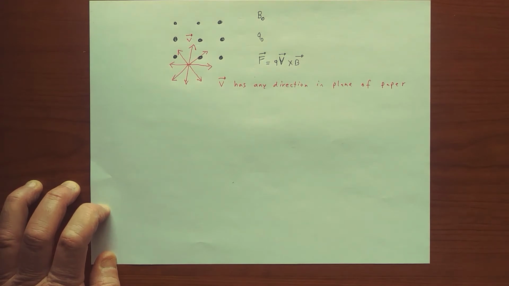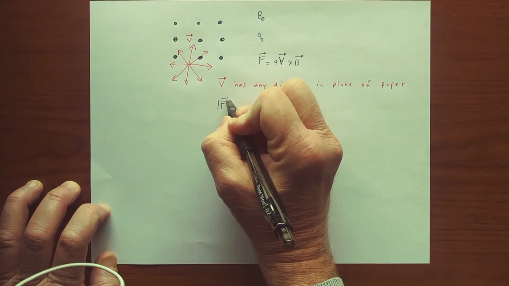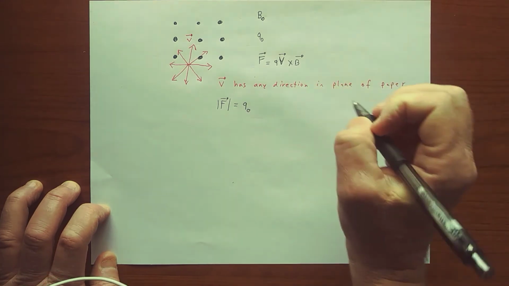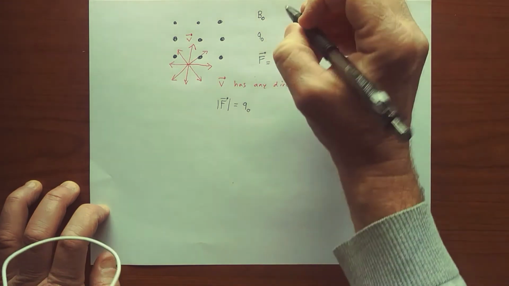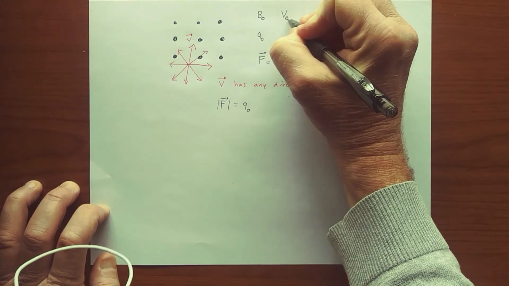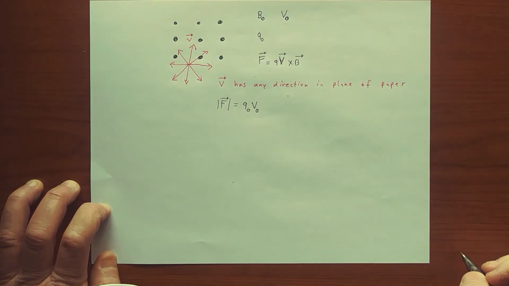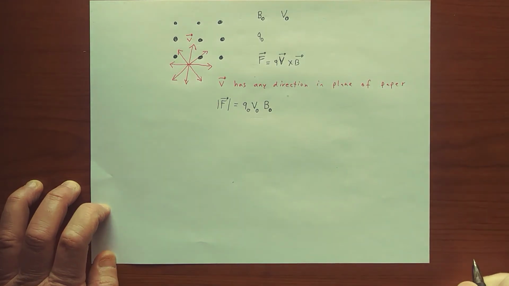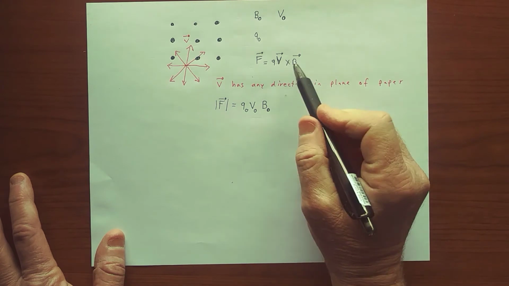And what is the magnitude of that maximum magnetic force? Well, it would be the magnitude of the charge, which is Q naught, the magnitude of the velocity, which we haven't specified, but let's say we launch it with a speed V naught, in which case we have Q naught V naught, and the magnitude of the magnetic field, which is B naught, times the sine of the angle between velocity and magnetic field.